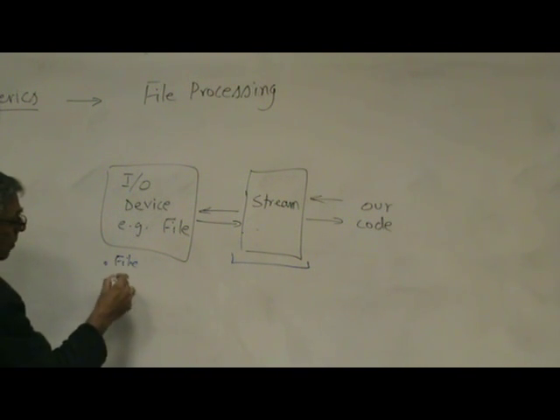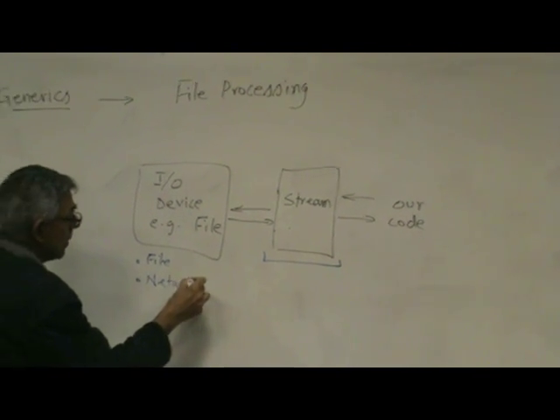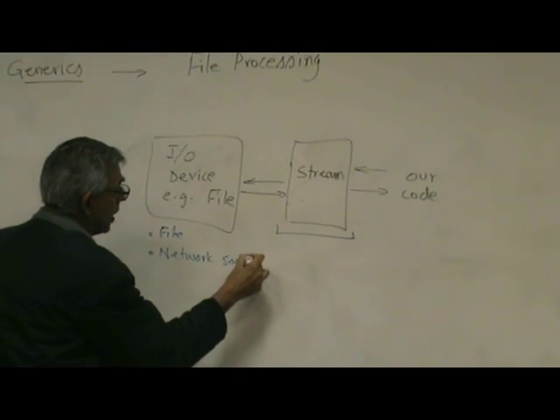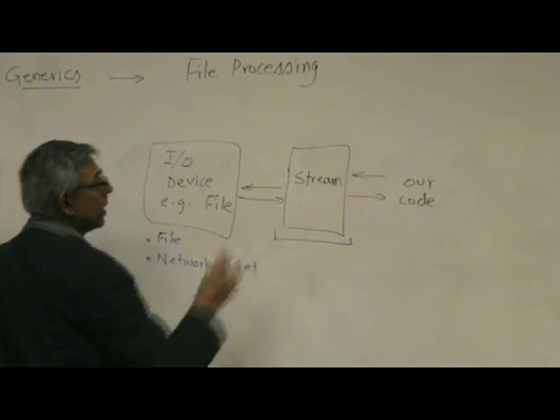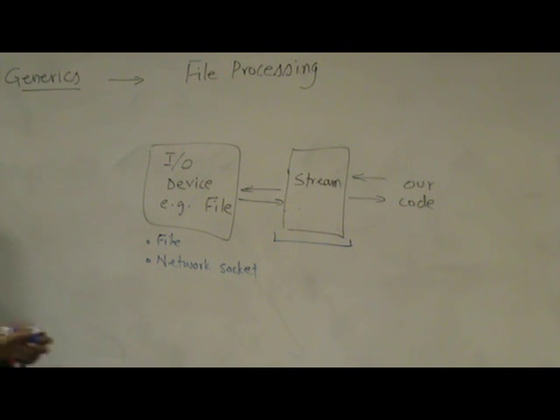If we change this to, let's say, a network socket, since our code was still dealing with the stream, it does not have to change. So it makes it flexible so that any medium can be easily read from or written to.